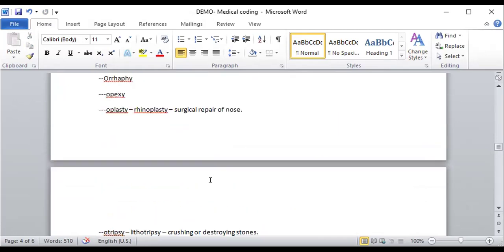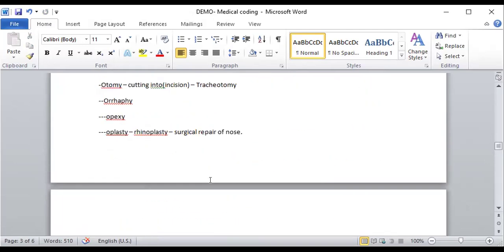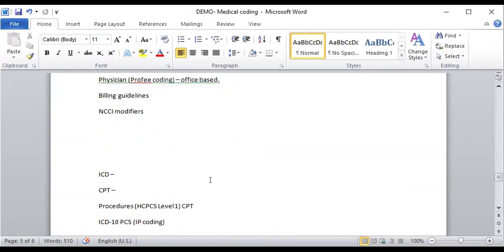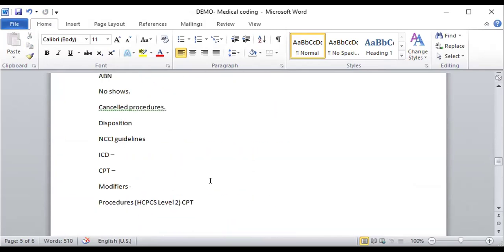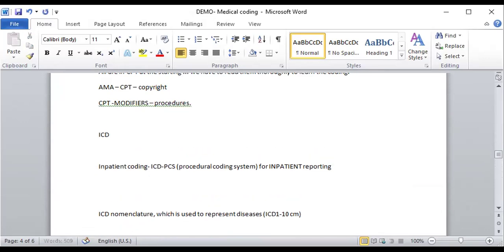In further classes, we will start the ICD guidelines, and what guidelines we have to follow for ICD reporting and diagnosis reporting, how to follow the ICD-CM guidelines.